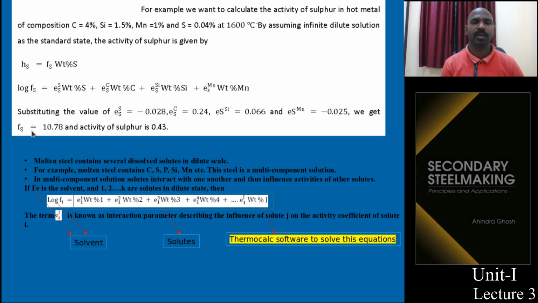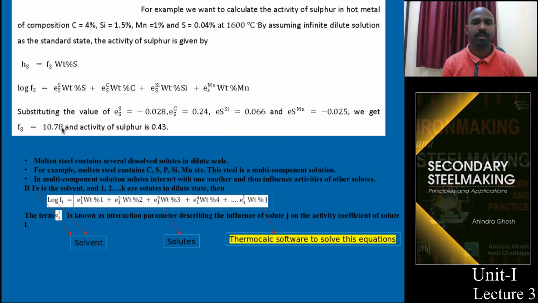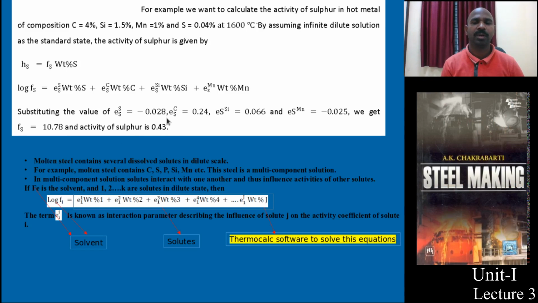So how do you calculate this? This is one numerical problem. The answer for this Henryan coefficient is 10.75, and the activity of sulfur, that is, how much sulfur is dissolved or left in the dilute solution, is 0.43.